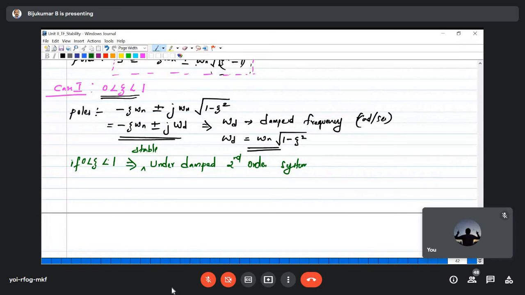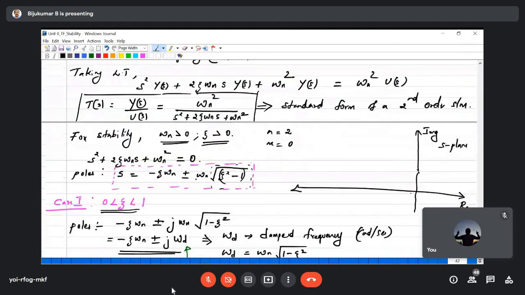This is the real part. This is the S plane. This is the origin. So I have a real part and imaginary part, where the real part is negative, right? It is at what value? So it is somewhere here. It will be minus zeta omega n. So my location will be, one pole will be here, one pole will be here.